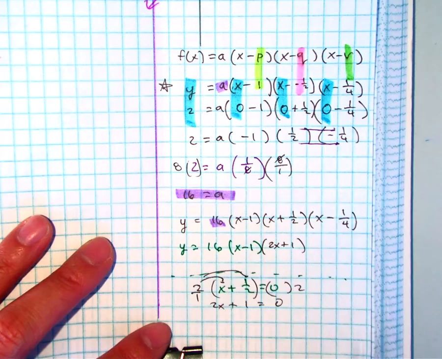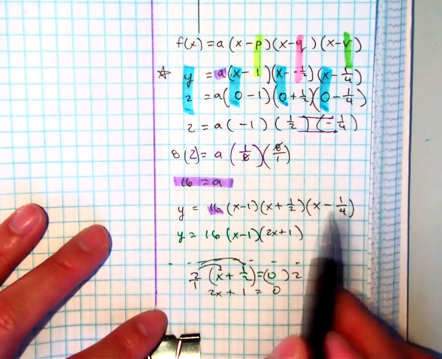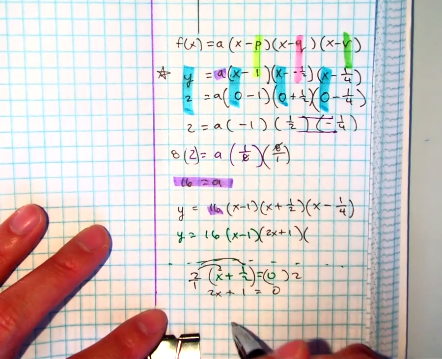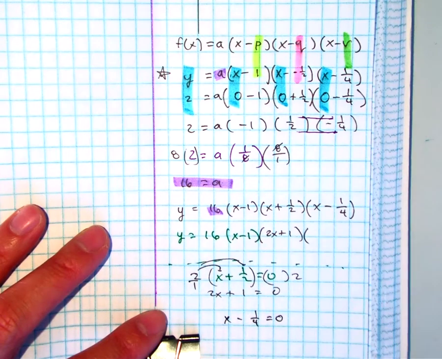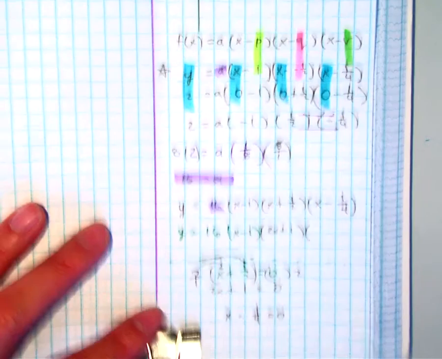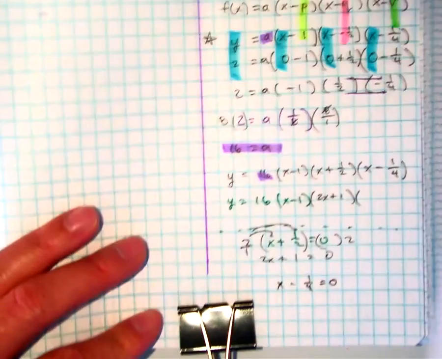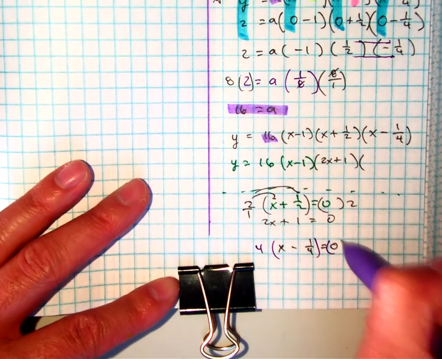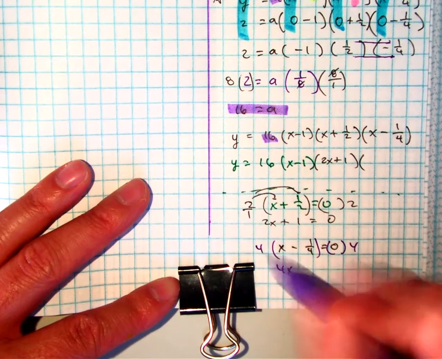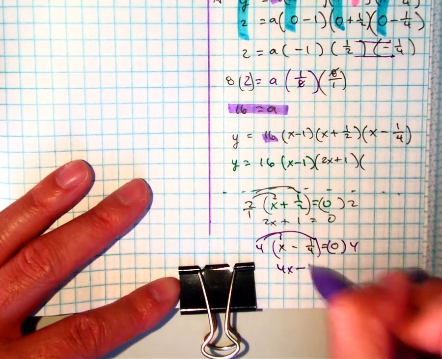Do the same thing over here. If you said x minus 1/4 equals 0, let's just say you want to clear the fraction, I'm going to multiply by what number? 4. This will give you 4x minus 1 equals 0.